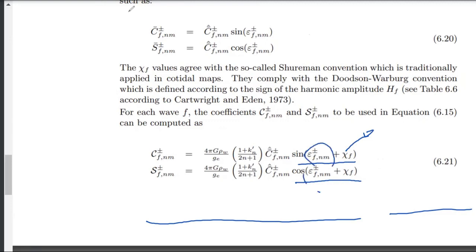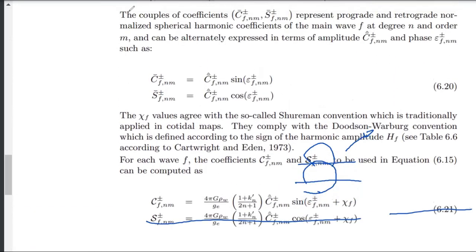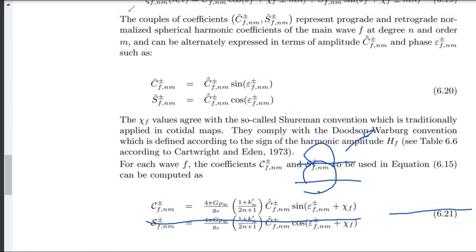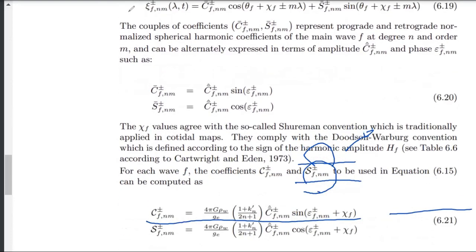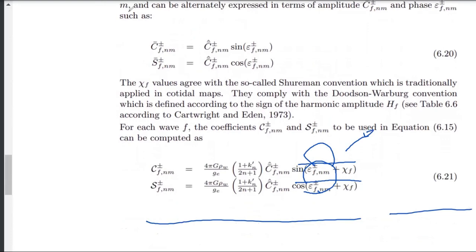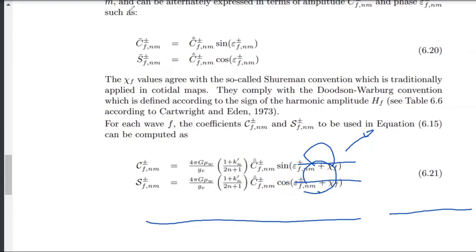This is the phase, I think. Let me check it. See, phase. Yes, it was phase. These are from the model, and these have load numbers here, and you can compute these coefficients.